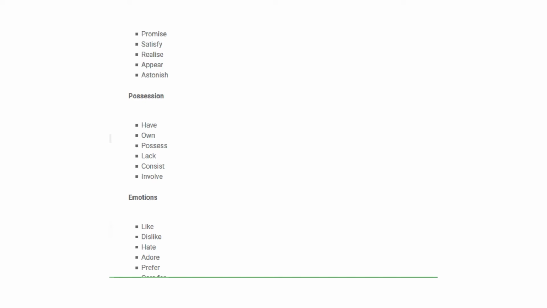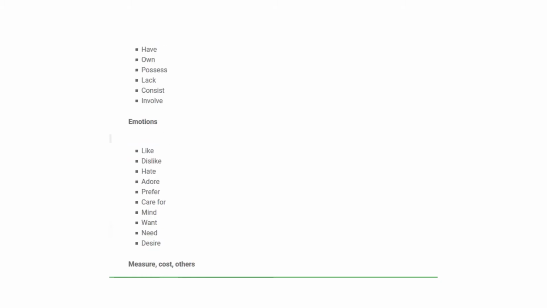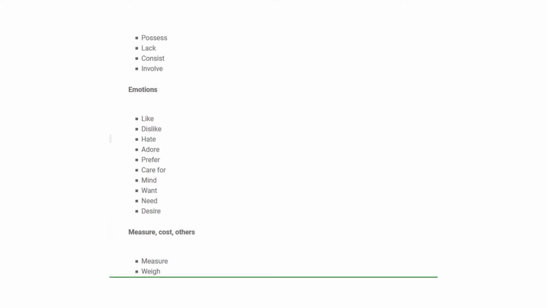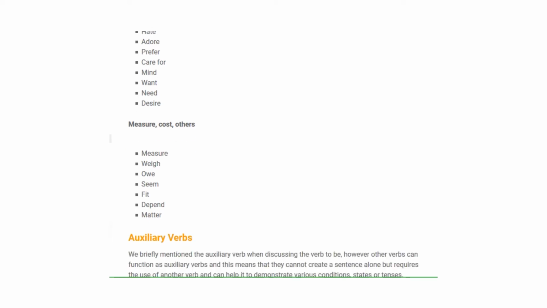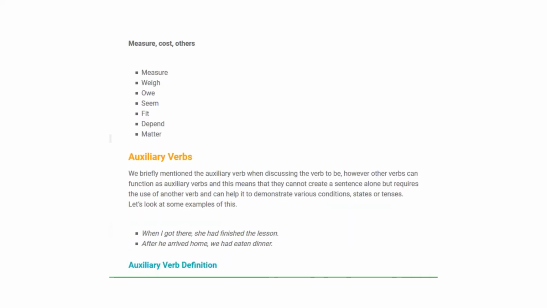We have own, possess, lack, consist, involve, and emotion like, dislike, hate, adore, prefer, care for, mind, want, need, desire, and measure, cost, and others. Measure, weigh, owe, seem, fit, depend, matter.